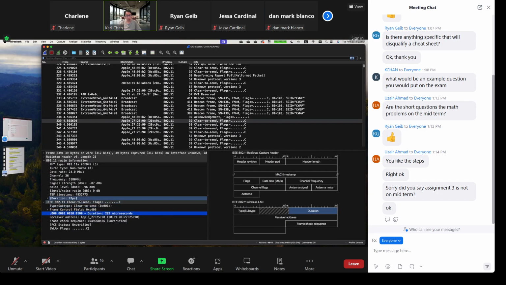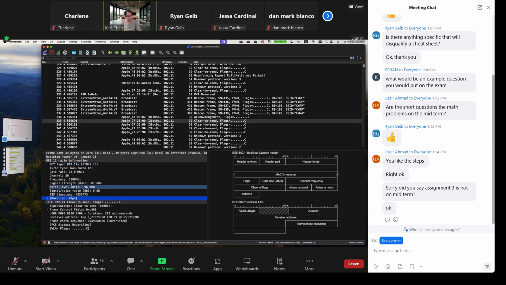So those are the two duration fields. The first one is the actual duration of the data frame, and the second one is this duration ID field. This is a field. This other one is not a field; you cannot see it in the frame. This is the radio information, which is collected by the hardware.